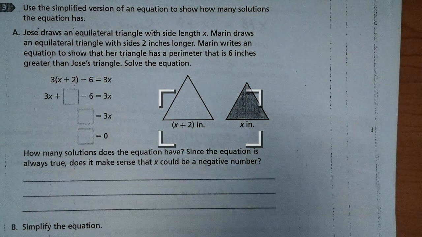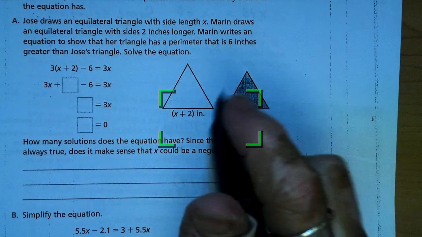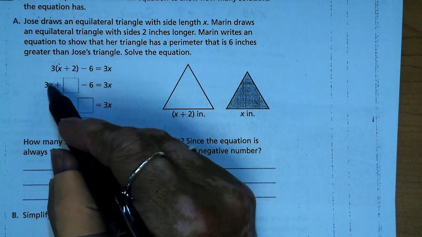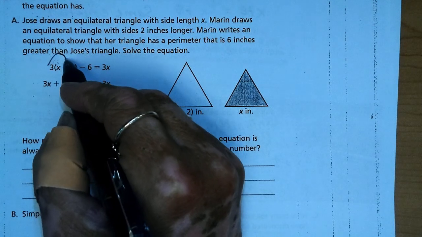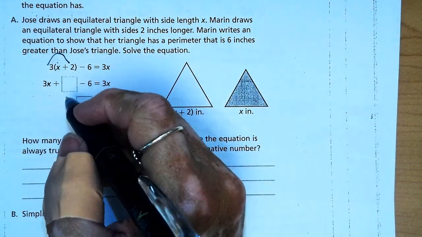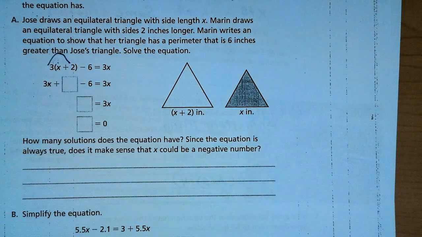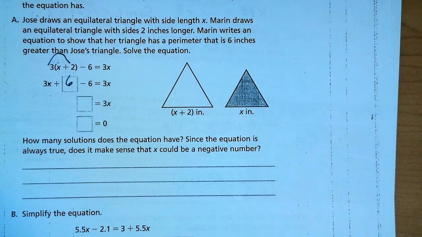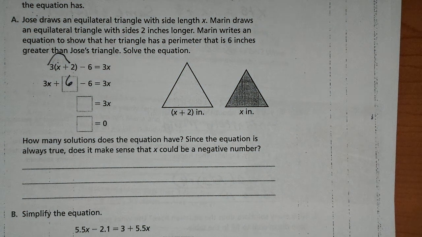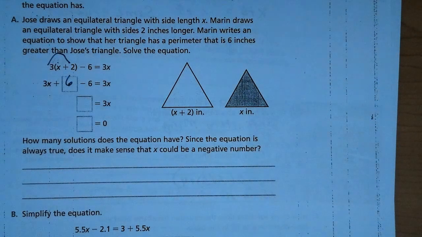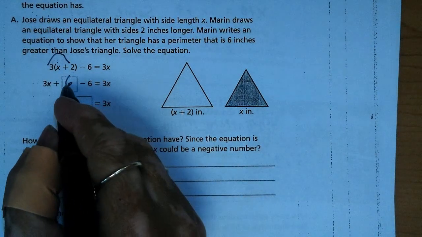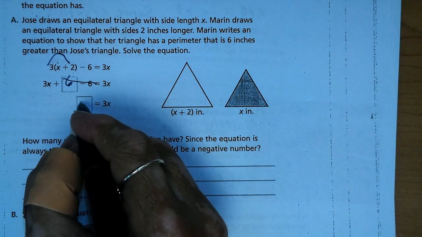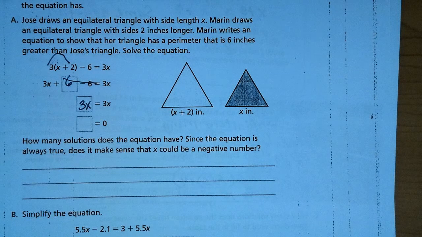All right, so we're going to distribute. 3 times x is 3x, and 3 times 2 is 6. Yep. All right, so what do you notice happens? The x cancels out, and it leaves me with 3x equals 3x.